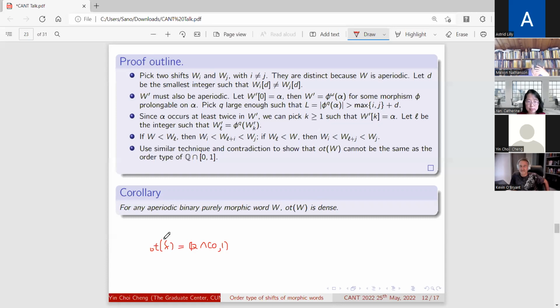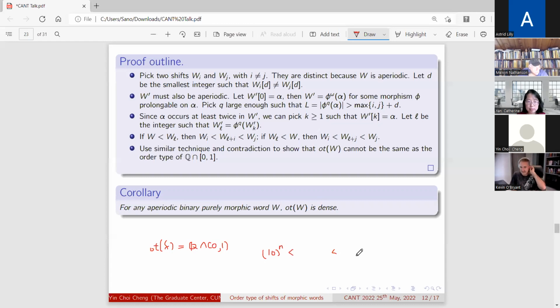Given any shift of the Fibonacci word, we can find a shift whose index in the second order expansion is of the form 10 to the n, and that would be smaller than the given shift as long as n is large enough.